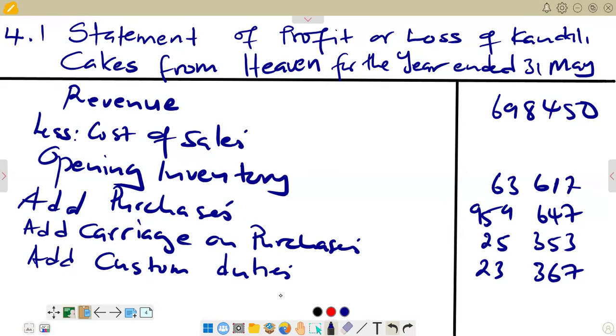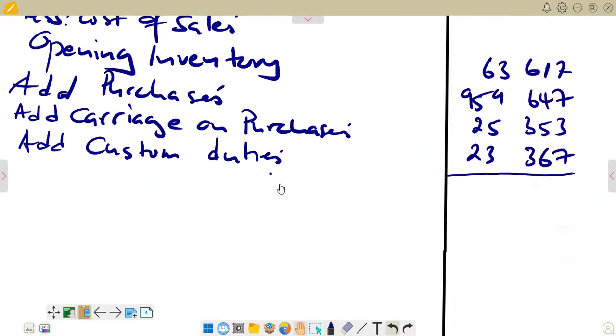And then after that, we are supposed to add so that we get the total for inventory available for use. So if you add 63,770 plus 29,747 plus 25,353 plus 23,367, let's try to see what total we get there.